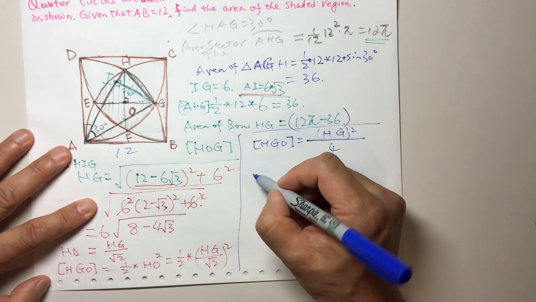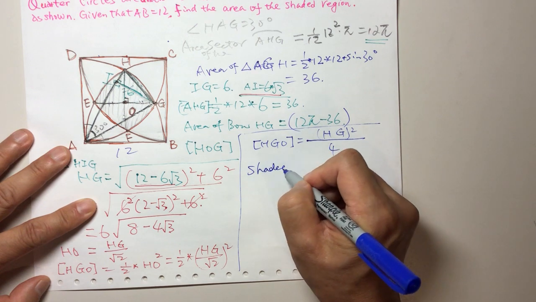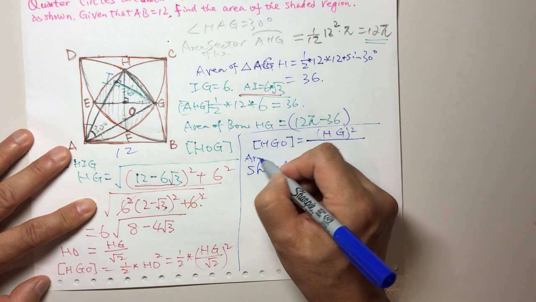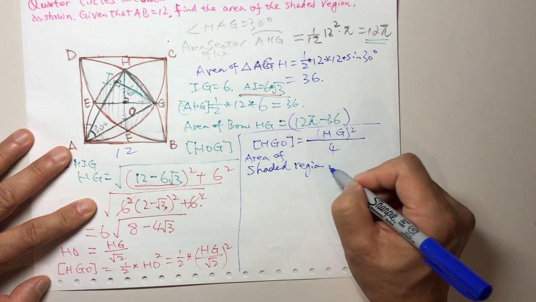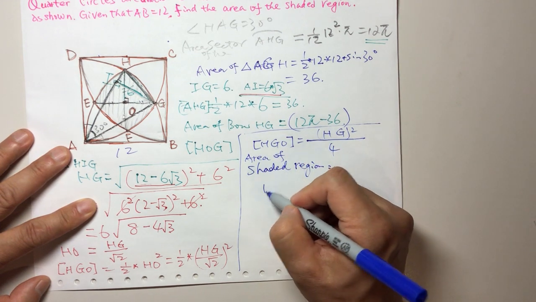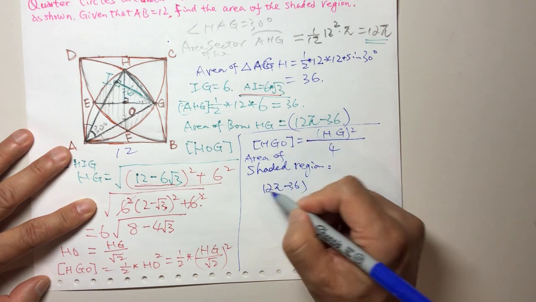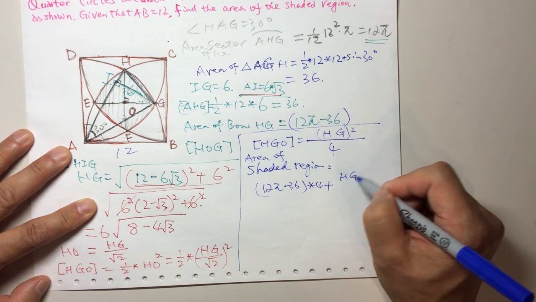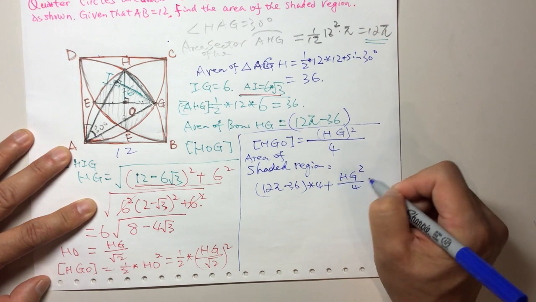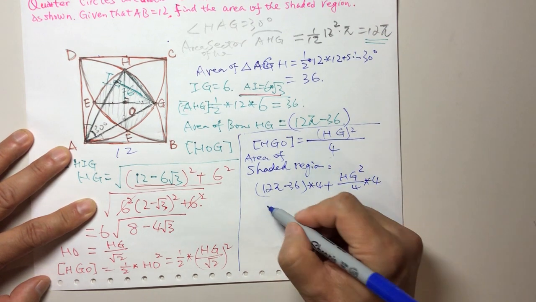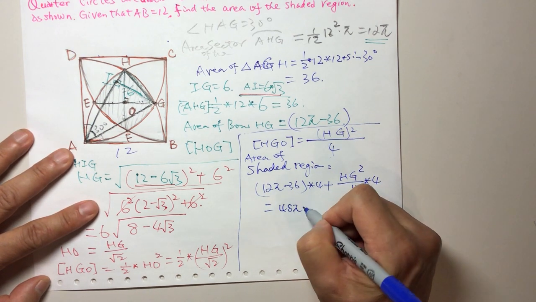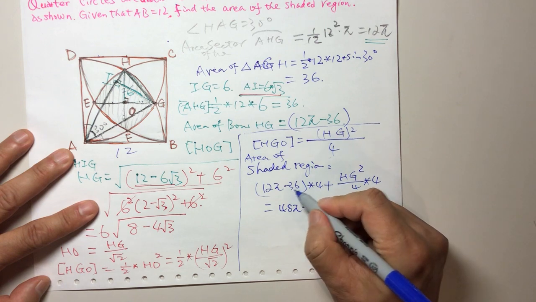So the area we want, the shaded region, it will be 12 pi minus 36 times 4, plus this HG squared times 4 over 4 times 4, so equals 48 pi minus 144, right?